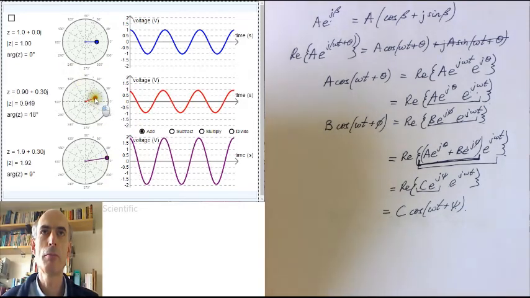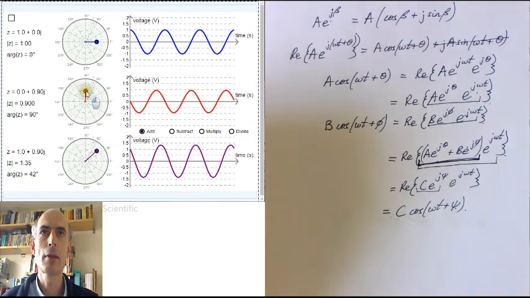If we were to move this one to there, then the sum of these two complex numbers, these two phasors, would be a phasor at this point here, with a length of √2 and a phase angle of 45. And that results in an oscillation with an amplitude of √2 and an angle which is 45 degrees out of phase with both of its inputs.